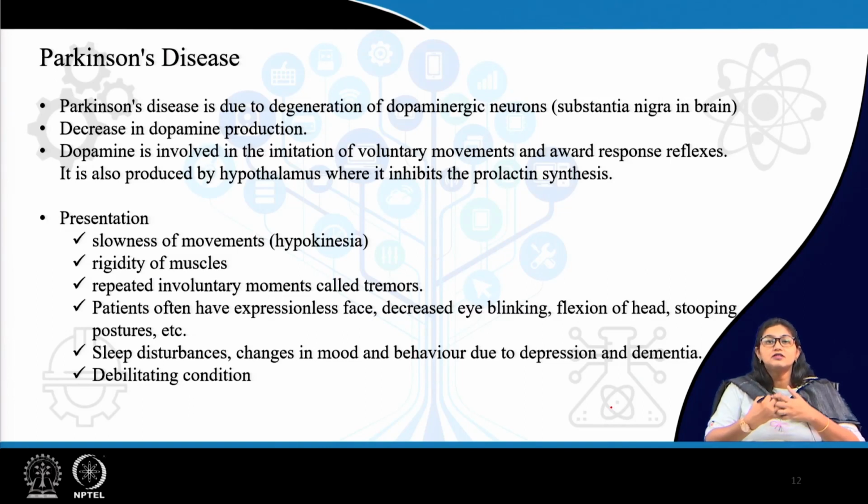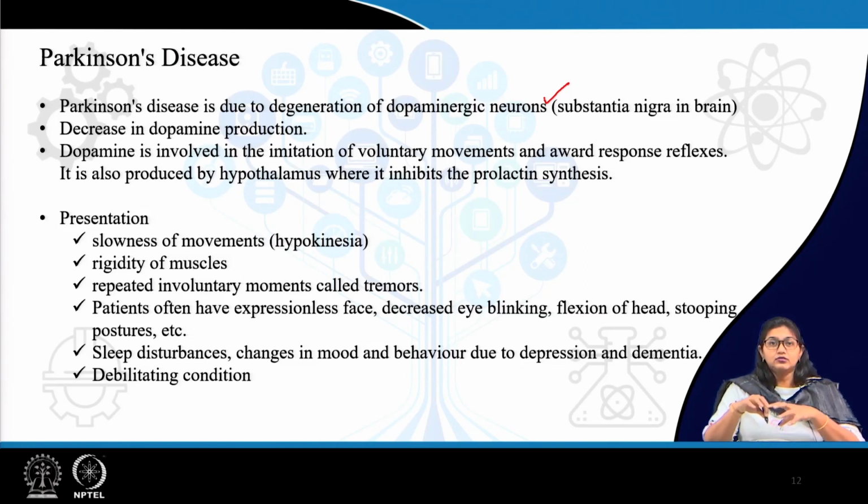Because there is degeneration of the dopaminergic neurons in the brain. The most important region in the brain is the substantia nigra, where the dopaminergic neuronal degeneration occurs. Now, what happens? Because there is dopaminergic neuronal degeneration, there is dopamine deficiency due to decreased production.